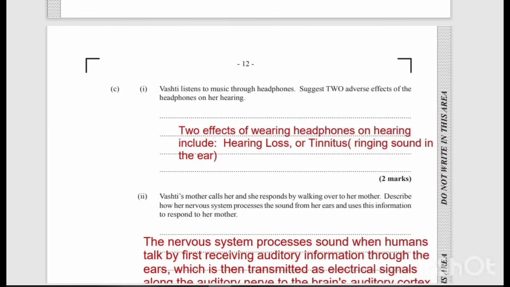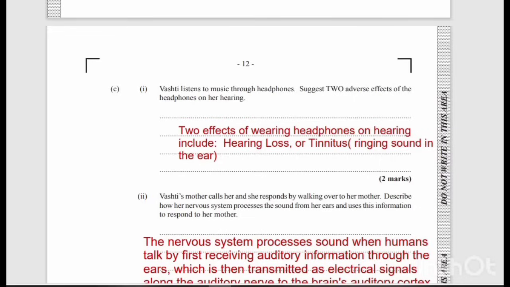The next part of the question, Vashti listens to music through headphones, which I know many of you do, and maybe even right now watching this video you have your earphones or headphones on. Am I lying? Suggest 2 adverse effects of the headphones on her hearing.